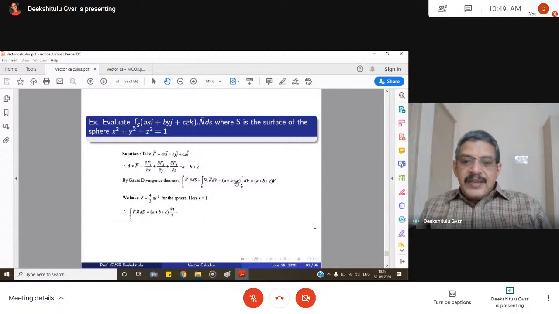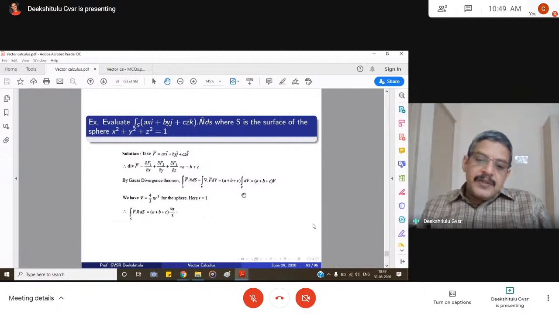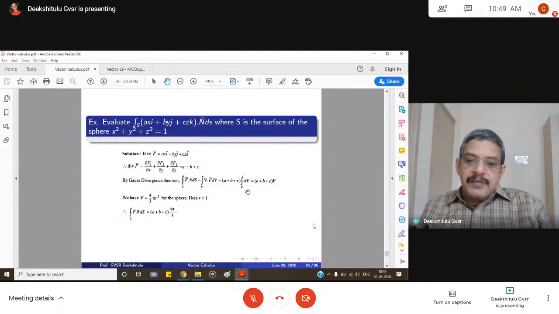Just like in double integrals, when the function is equal to 1, the double integral of dx dy represents area, in triple integrals, when f is 1, the triple integral of dV becomes the volume of the region bounded by the given surface. So this is a plus b plus c into V. But what is the volume of the sphere? 4 by 3 pi r cube.